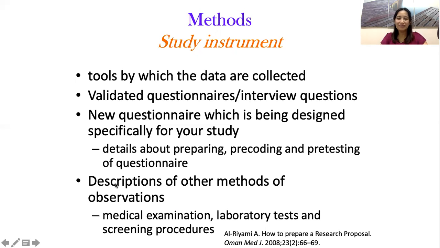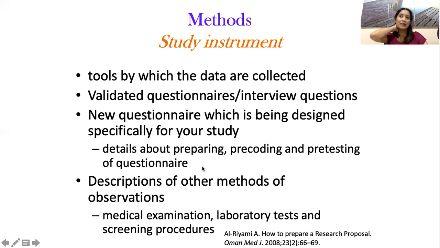So if you want to do a new questionnaire for your specific study, it's okay, but you have to include the details about how you prepare the questionnaire, pre-coding, pre-testing, even the content validity, how you develop it.